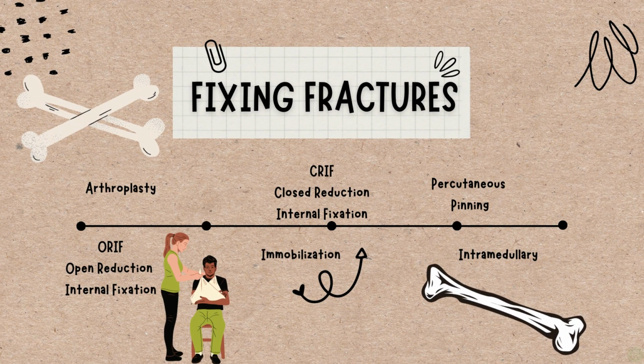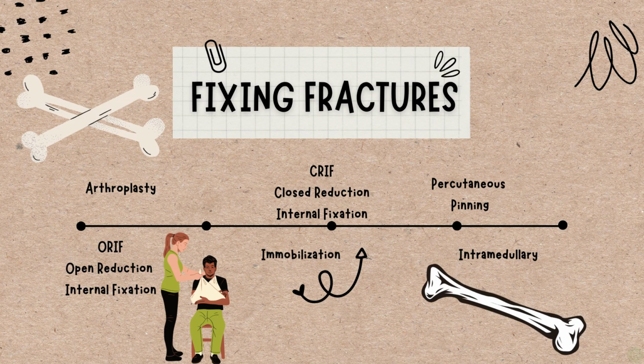How do we fix fractures? Well, there are several ways. In ORIF, which we'll be discussing throughout this lecture, there's an arthroplasty, which is more common also, and that's just when a plastic or metal piece is placed into the shoulder. And we have a closed reduction internal fixation. In this case, it's the same procedure as an ORIF, however, it is closed.